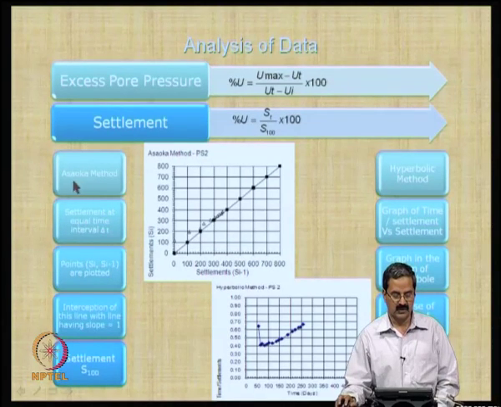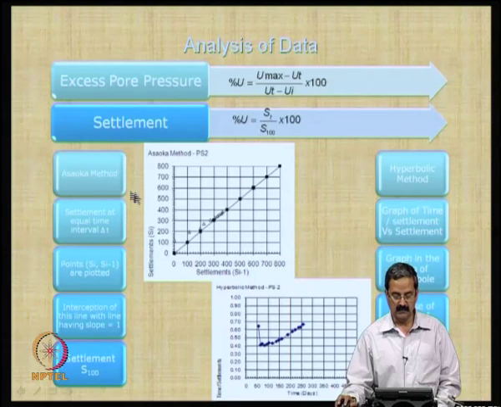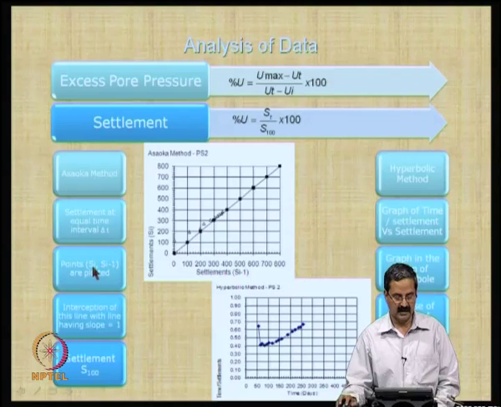They used two methods, called the Asaoka method and the hyperbolic method. In the Asaoka method, the settlement at equal time intervals is measured, and plots between the present settlement and the previous one are made.